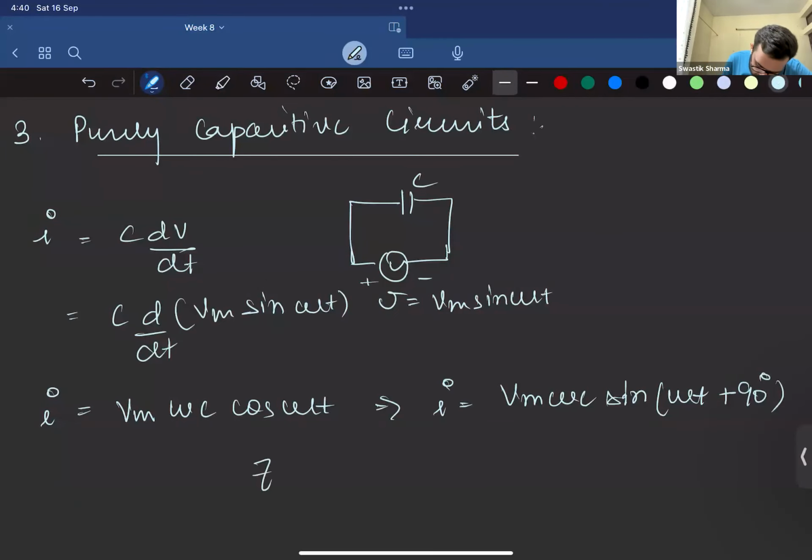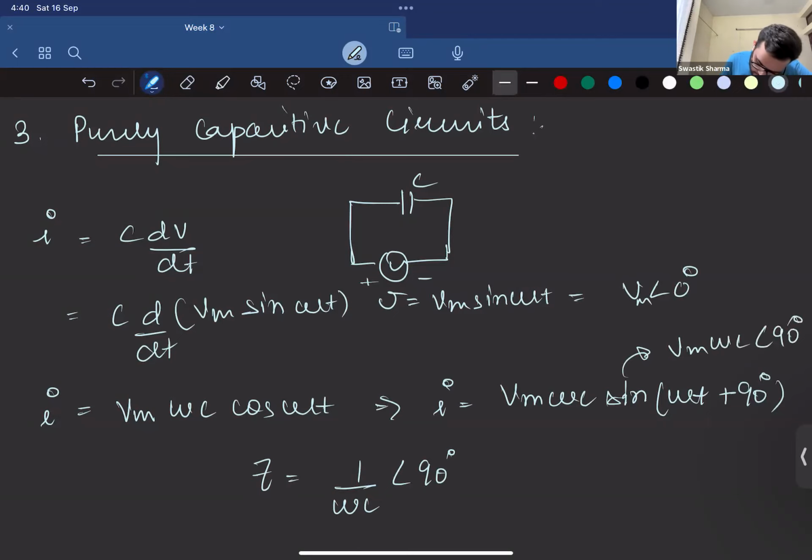So what is the impedance here now? Impedance is 1 upon omega C angle positive 90, right? This is V angle 0 and this is Vm omega C angle 90 degrees.